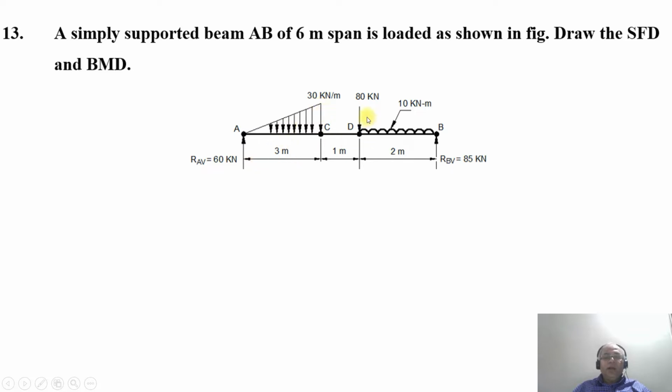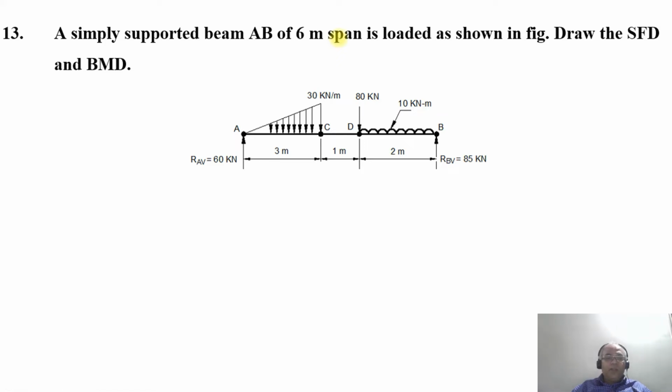At point D, you have 80 kilonewton acting downwards, at a distance of 4 meters from point A. And we have a 10 kilonewton per meter uniformly distributed load from D to B for a span of 2 meters. So the total distance from A to B is 6 meters. So this is the 6 meter span.